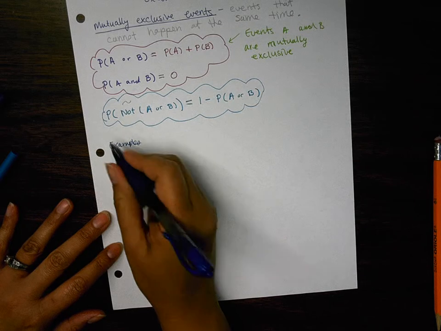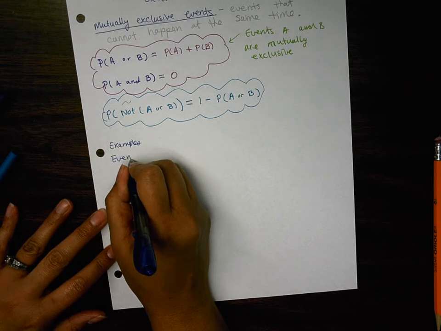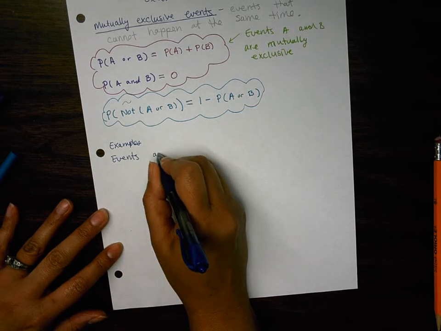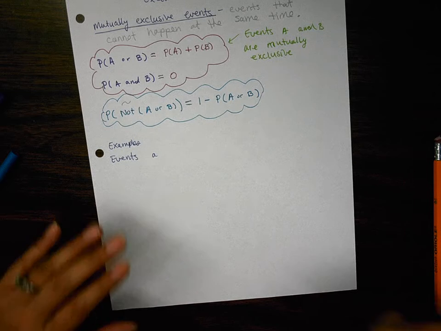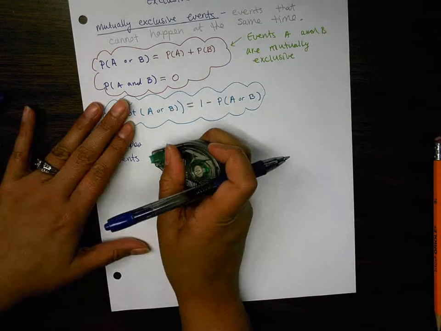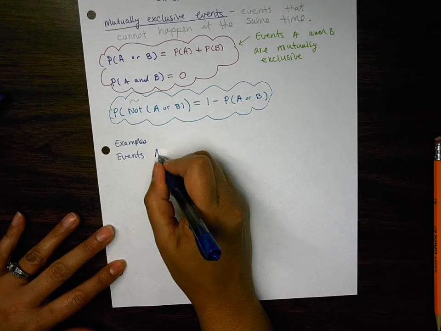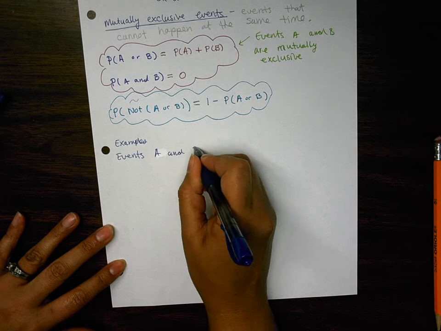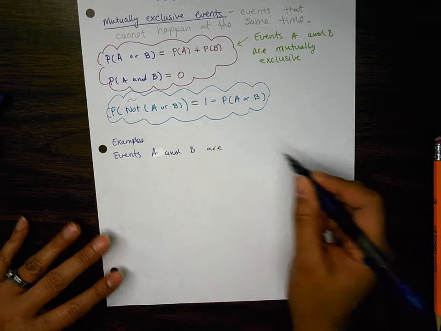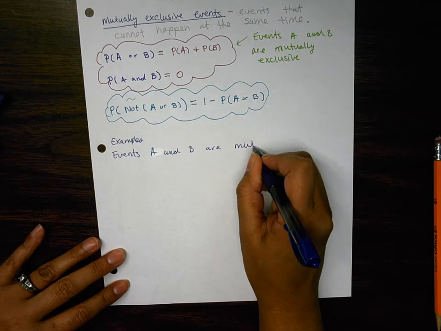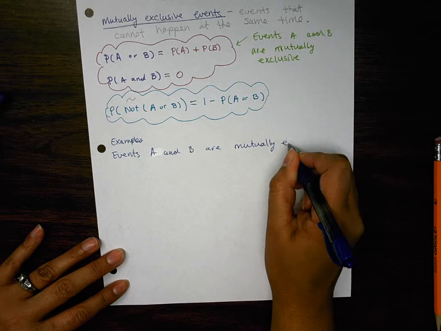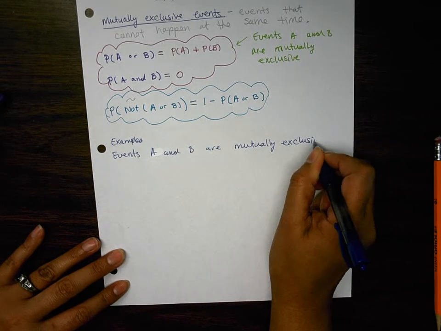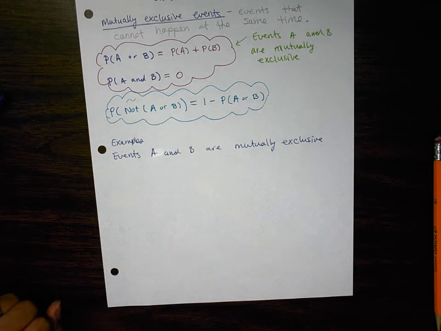All right, events A and B are, what do you think they are? Thank you, mutually exclusive, which means they cannot happen at the same time.